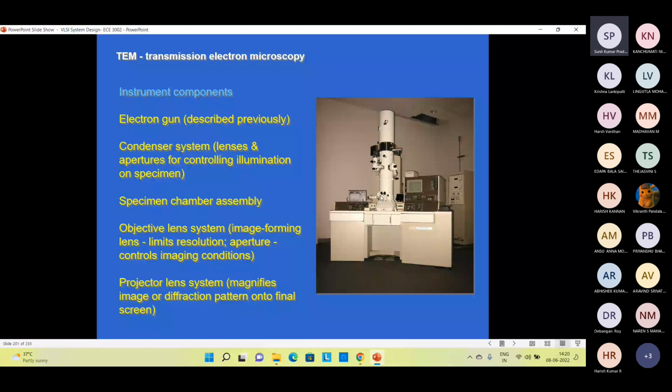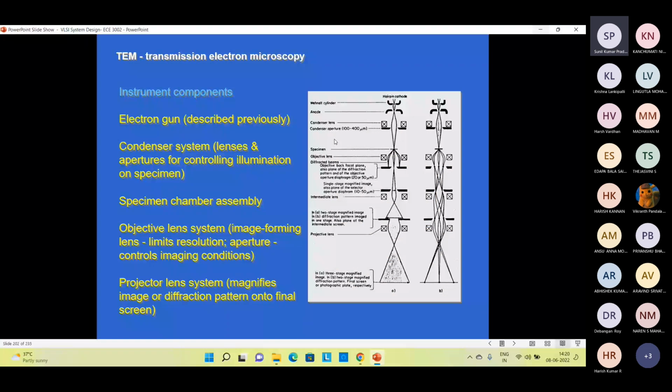This is our typical system, and if you can see, the electron gun, which we call the electron emitter or cathode, is like a hairpin kind of structure. The beam diameter of this electron gun is maybe less than 1 nanometer, so it is very small and thin, with the hairpin structure here.